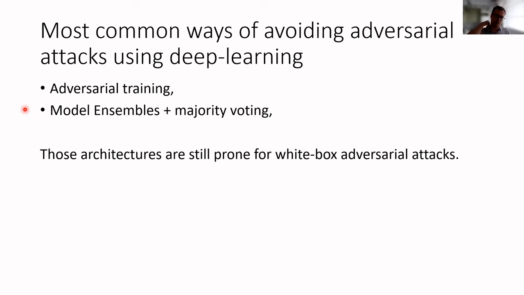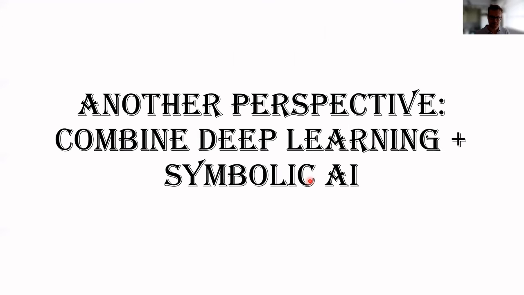So one example which is constructed for some particular architecture will often also work for other architectures. So that's also not sufficient to get rid of this problem. Model ensembles are not enough also. And these architectures are still prone to white box attacks.